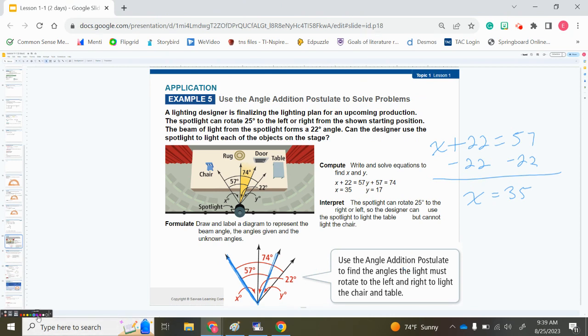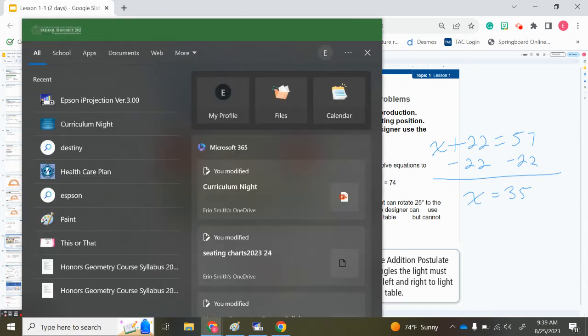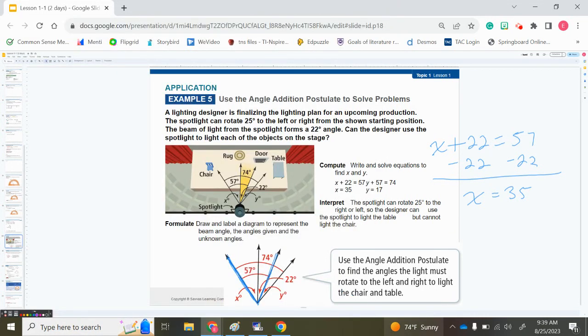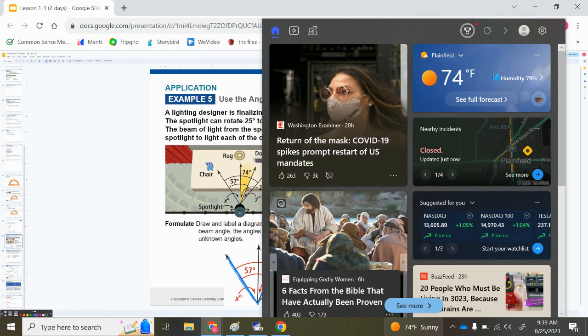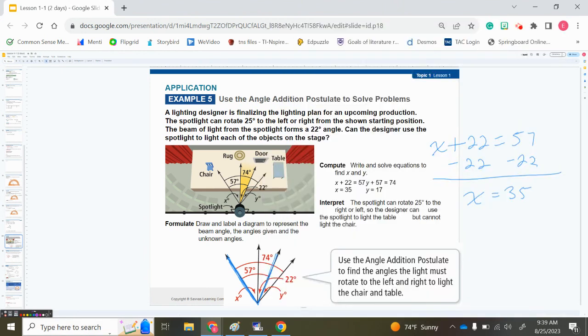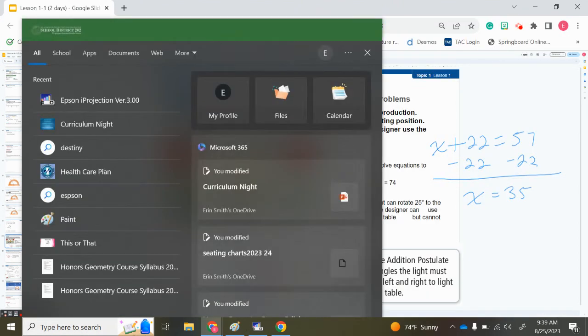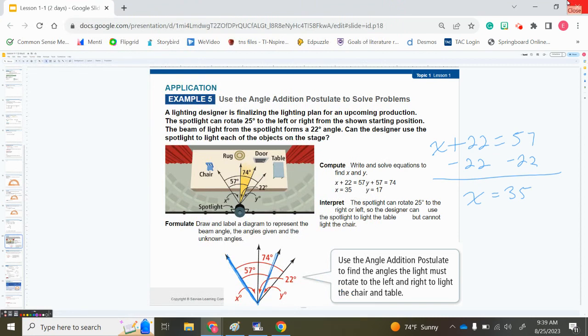All right, so now for the next one, we have to solve for y. To solve for y, again we're looking at what we have in total. In this case, I'm going to use the entire angle.